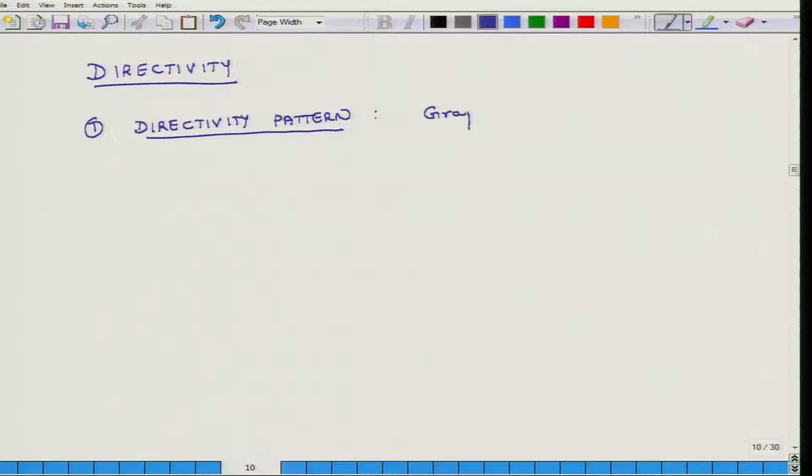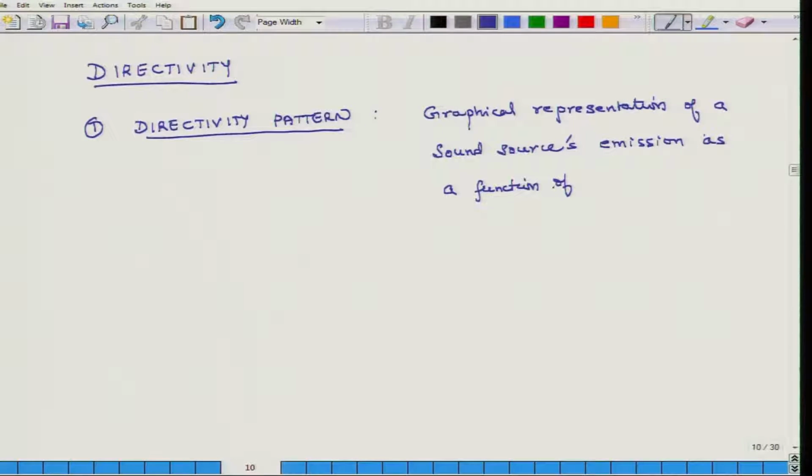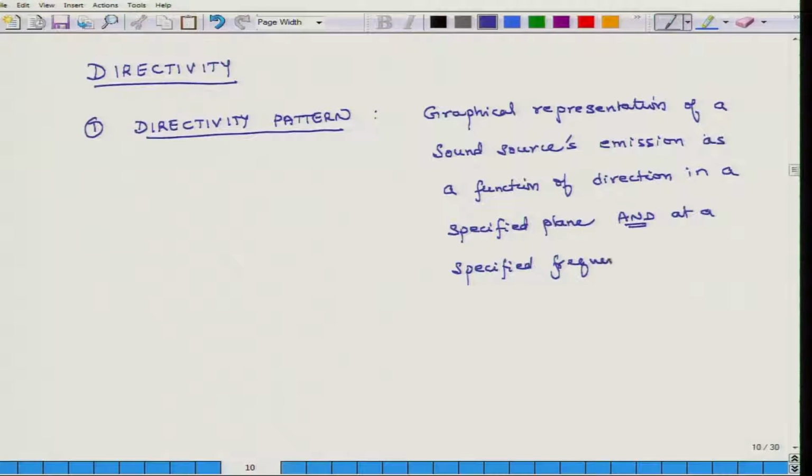It is a graphical representation of a sound source's emissions as a function of direction in a specified plane and at a specified frequency. Okay. Now we will explain what it means.